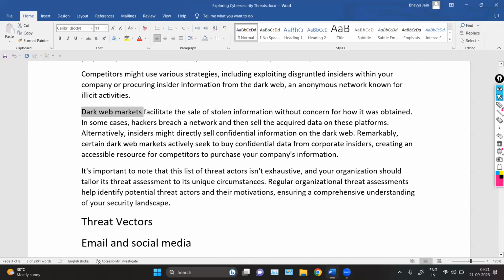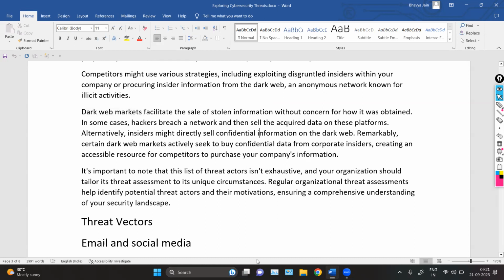Okay, for example, there's an insider in the Pepsi company, and that insider is storing the information from Pepsi and selling it on the dark web. In some cases, hackers breach a network and then sell the acquired data on their platform.